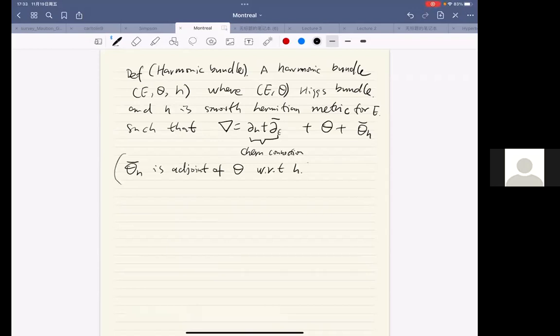Such a connection, the Chern connection plus this self-adjoint operator, is flat. When such an H exists, it is called a harmonic metric for the Higgs bundle (E, theta), and such a triple (E, theta, H) is called a harmonic bundle.